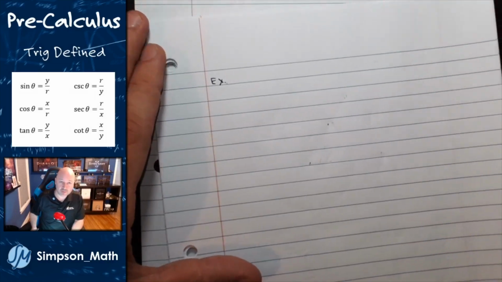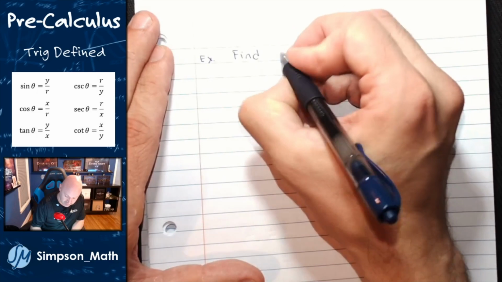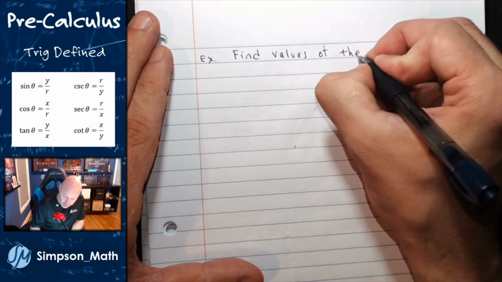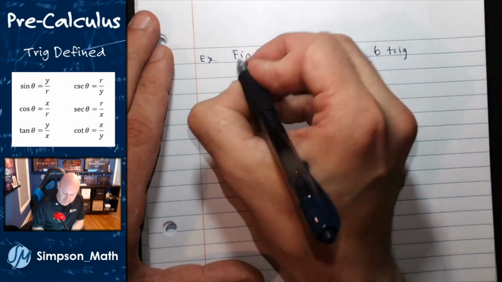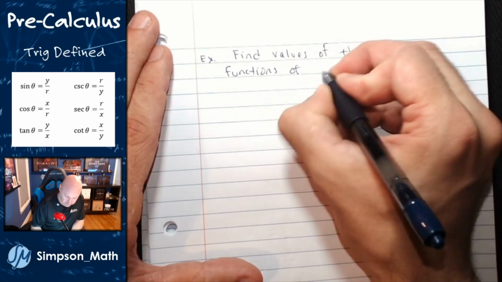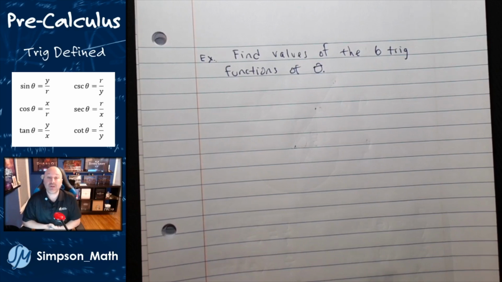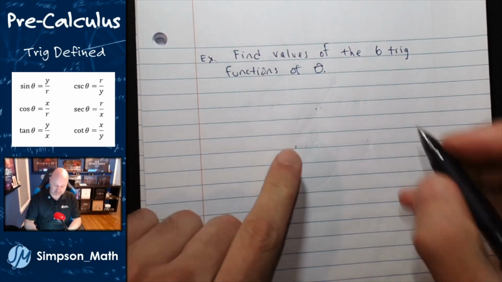Let's do an example of a problem you may see in the homework. I want to find values of the 6 trig functions of theta, and the information I'm going to give you is just a point flying out in space.